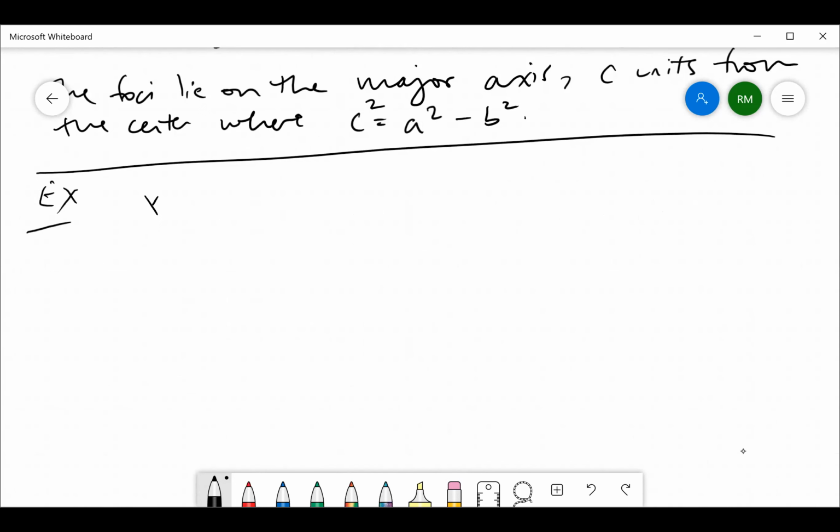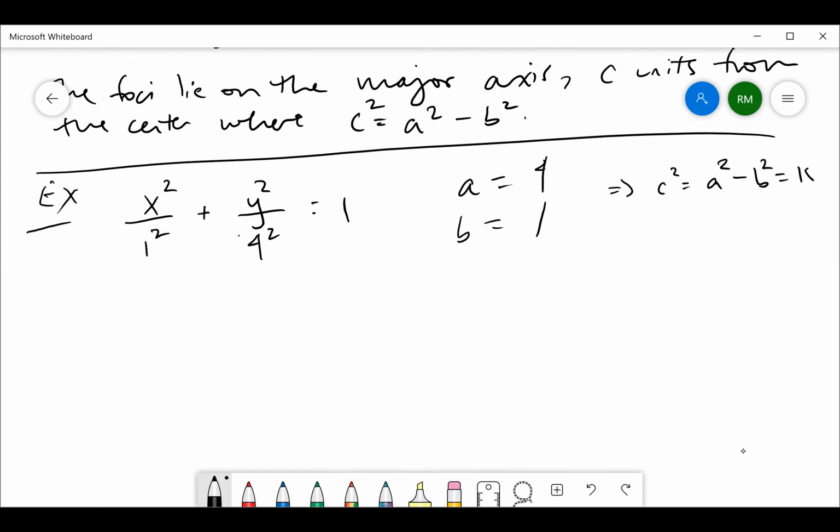So let's look at the ellipse x squared over 1 squared plus y squared over 4 squared is 1. So we observe that a is 4 and b is 1. This tells us that c squared is a squared minus b squared, which is 15. It tells us that c is root 15. We see here that the center is (0, 0). That's easy.